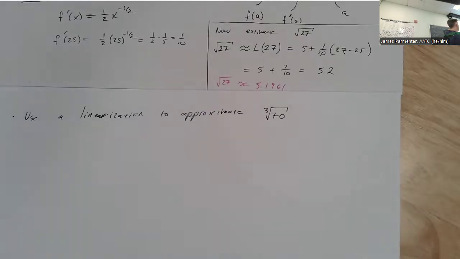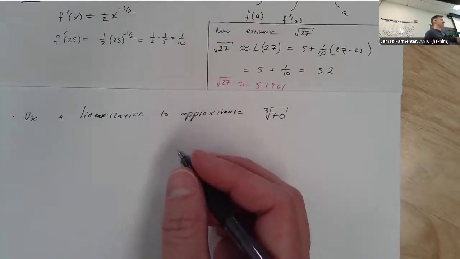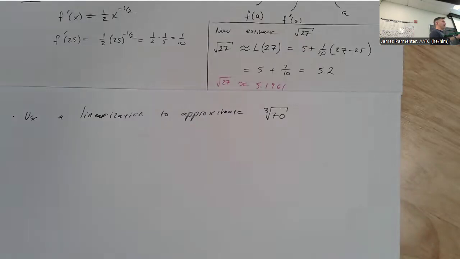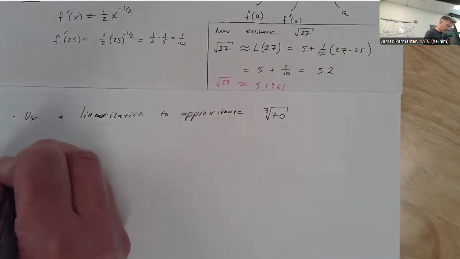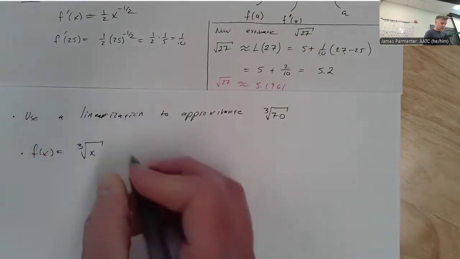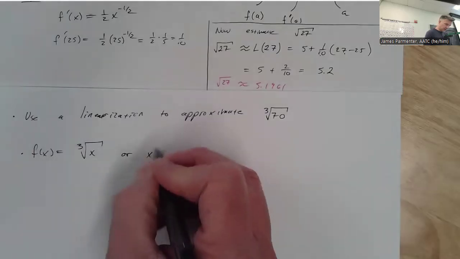So in this case, we're trying to use the function the cube root of x as opposed to the cube root of 70, not the x root of 70. Technically there's a number you could replace there, but hopefully it feels like the more obvious number gives the more obvious type of function that's easier to take the derivative of. So our function f of x is going to be the cube root of x, or if you prefer, x to the 1/3 power.